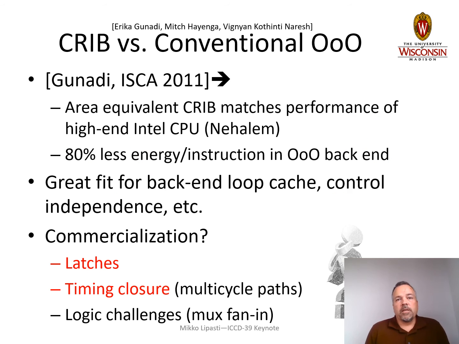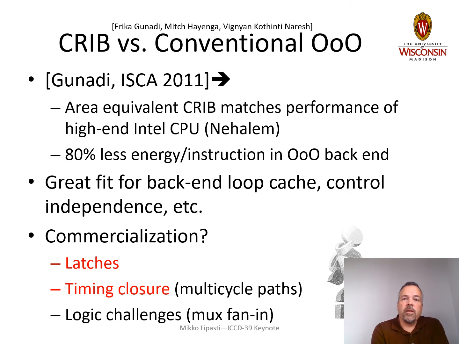Okay, so summarizing this portion of my talk, as presented in the ISCA 2011 paper, as well as Erica Gennadi's thesis, and there was a lot of follow-on work done in Mitch Henge's thesis and Vignan Kathinti-Naresh's thesis as well, and related publications.